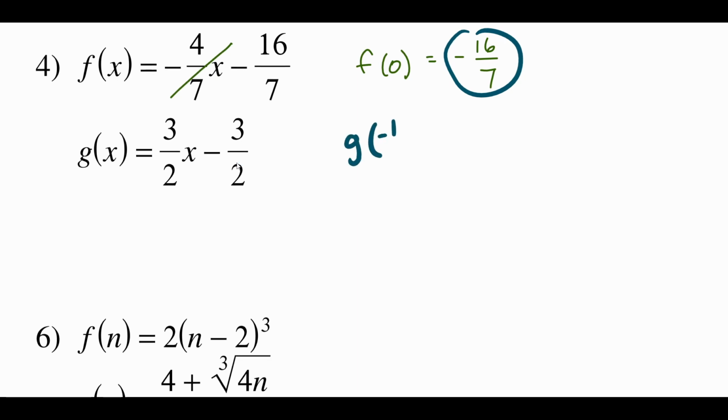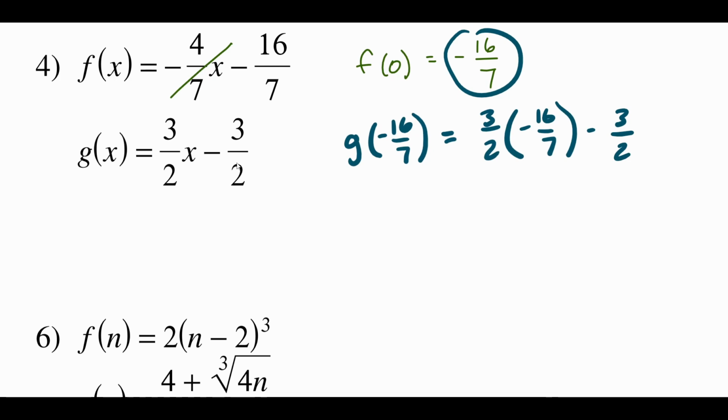So g of negative 16 over 7, I have to see, does it equal the original input of 0? So g of negative 16 over 7, we're going to have 3 halves times negative 16 over 7 minus 3 halves. Now it's obvious to see that if this was a 1, 3 halves minus 3 halves would give me 0.